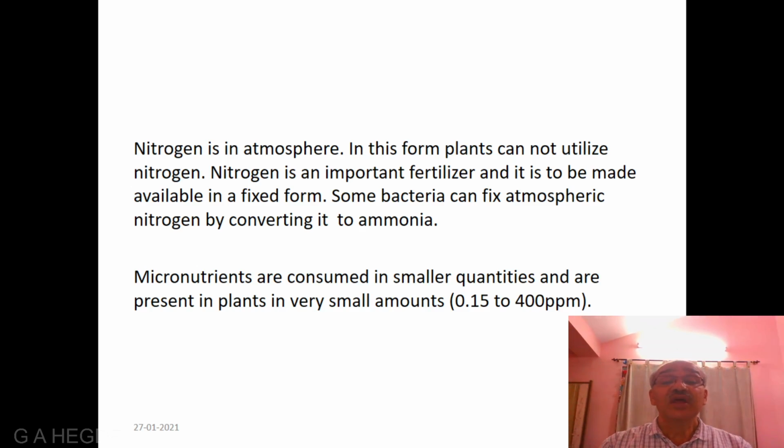Nitrogen is an important fertilizer and it is to be made available in a fixed form. Some bacteria can fix atmospheric nitrogen by converting it to ammonia. Micronutrients are consumed in smaller quantities and are present in plants in very small amounts.